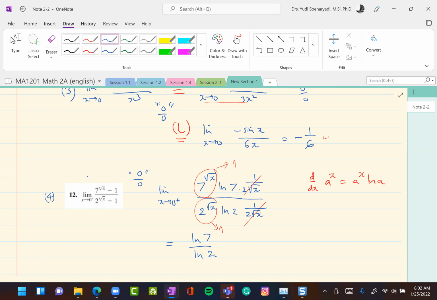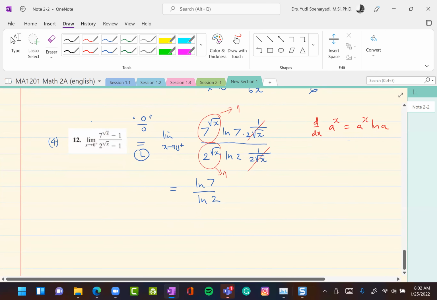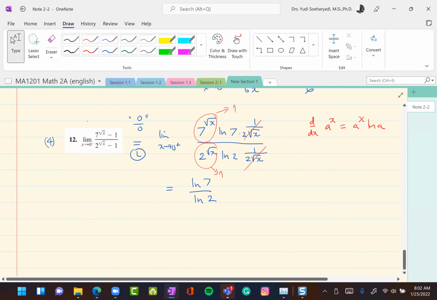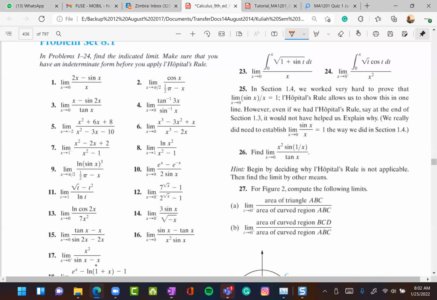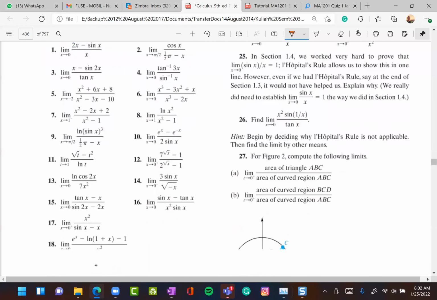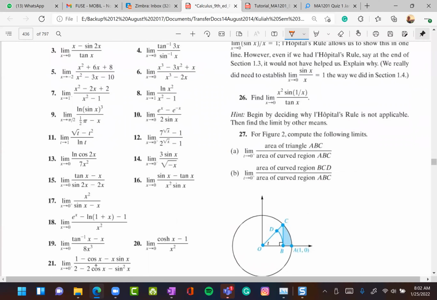So the limit exists. So then this justifies using the L'Hopital. Okay, this ln 7 over ln 2. Okay, any questions? Questions?